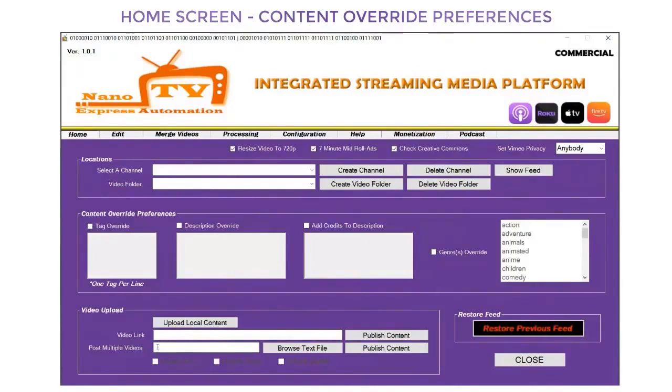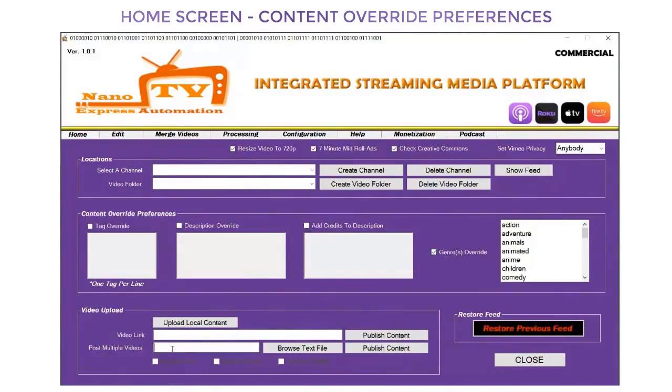You could take the descriptions from the download. Sometimes, depending on where you download from, it may not have a description available, so you may want to write a description of your own. If you want to add credits to the descriptions, you can just type credited by whatever and it will be in the descriptions. Genre is the same sort of deal. Once you light it up, you can pick which genre you want.